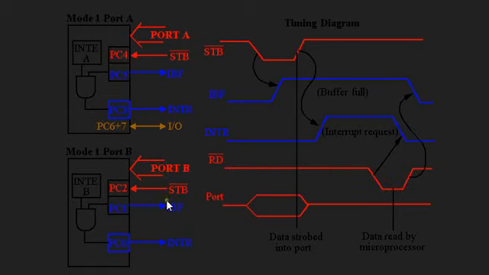Then it will generate an STB to port 2, and port 1 is connected with IBF, which is buffer full. Then if the buffer is full, it will generate a request which is INTR. Have a snap of this one.